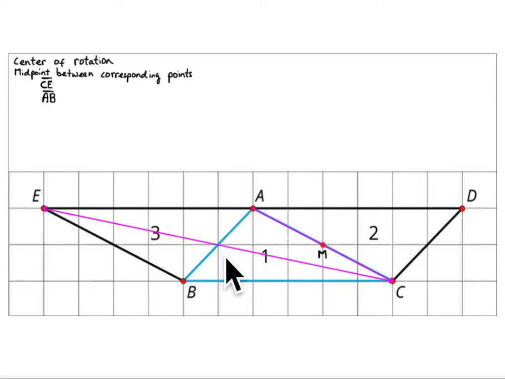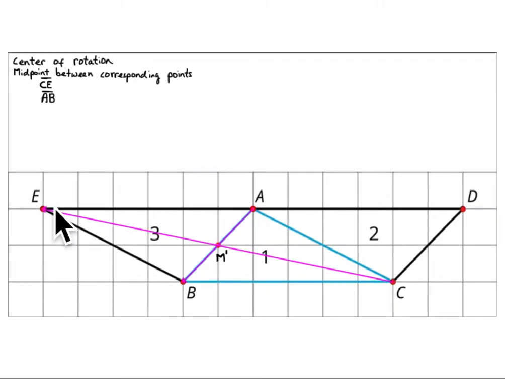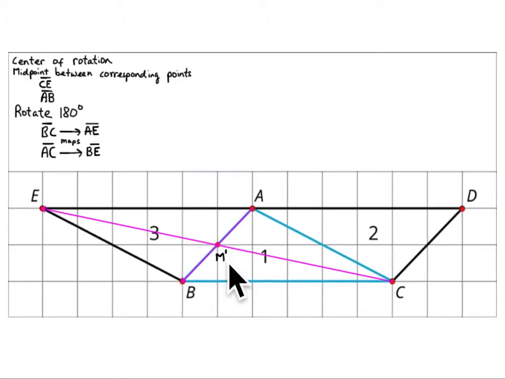So the center of rotation is right here, and if you connect these corresponding points, you can tell that E is going to end up way over here. It's going to be an equal distance from the midpoint on the other side. So there's the center of rotation.